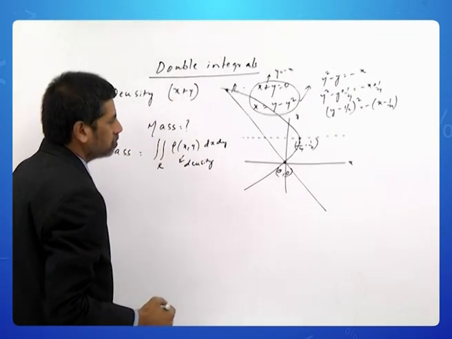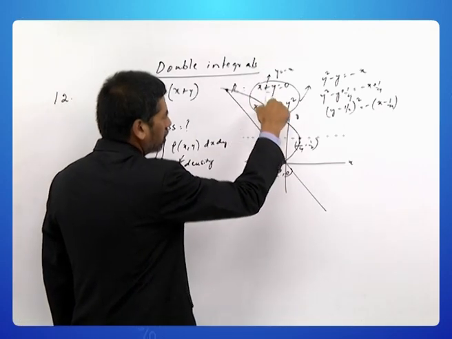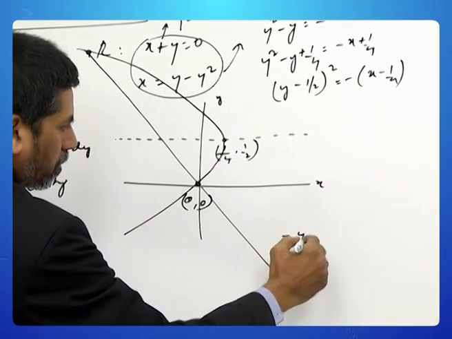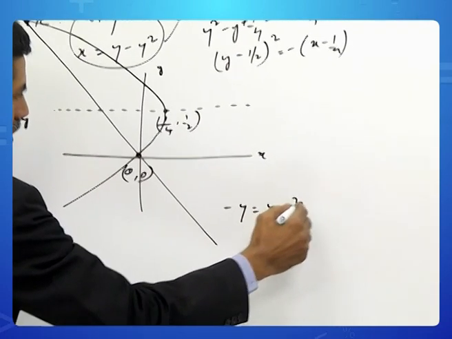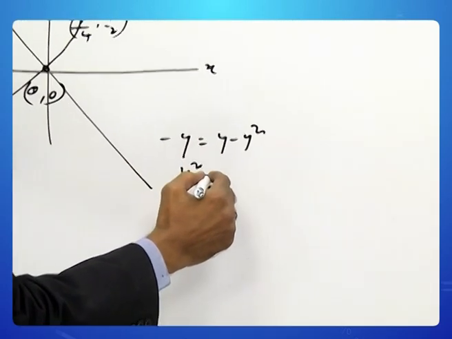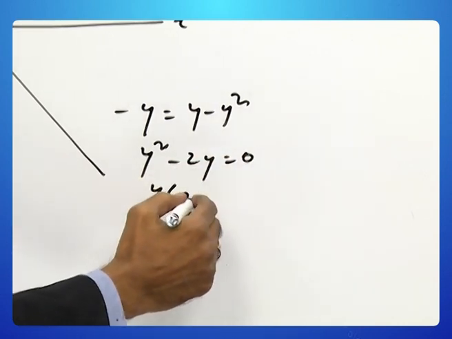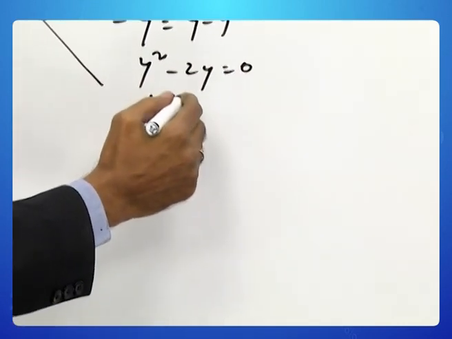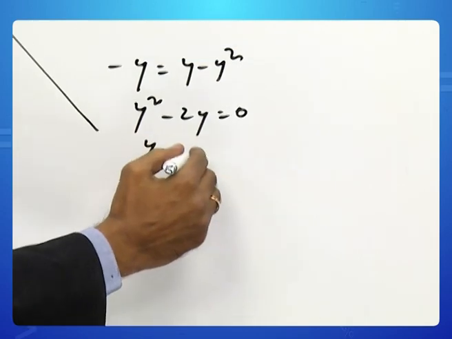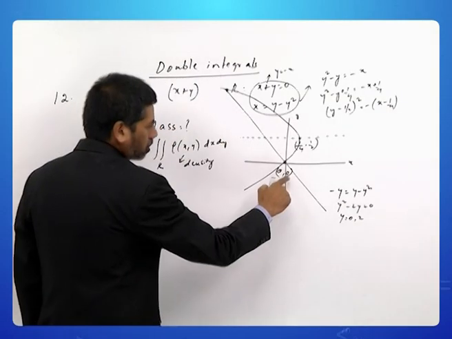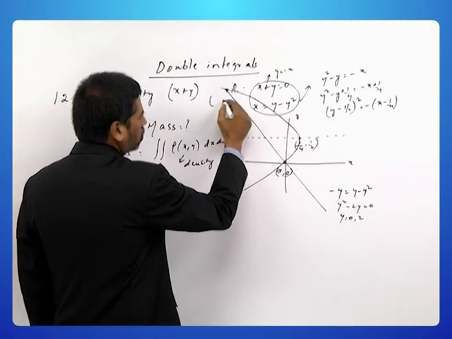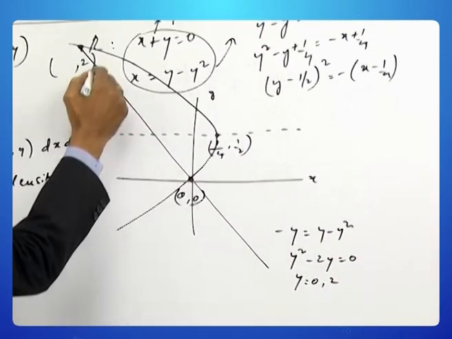So if you take x is equal to minus y and equate it to this one, you will get minus y is equal to y minus y squared. So y squared minus 2y is equal to 0, y is equal to 0 or 2. So y is equal to 0 is this, y is equal to 2 is the ordinate of that.